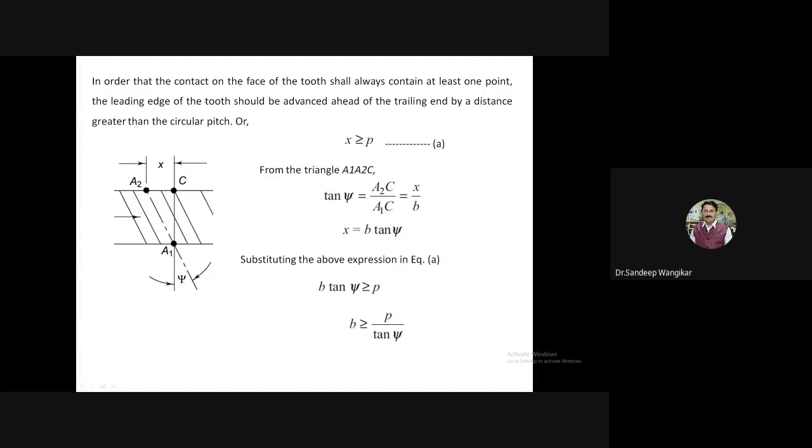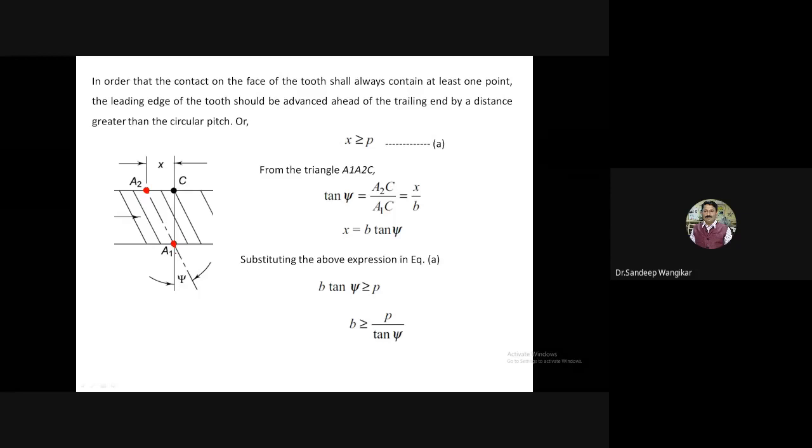Now, in order that the contact of the face shall always contain at least one point, meaning there should be at least one point engaged, it is a requirement that there should always be one point of engagement. So in order to achieve this condition, the leading edge of the tooth should be advanced ahead of the trailing edge by a distance greater than the circular pitch.